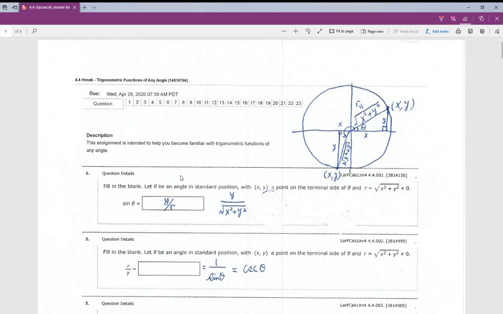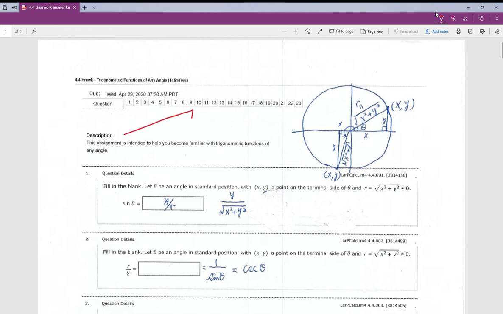Now, section 4.4. Before we start section 4.4, I would like to review some concepts we learned from the previous video.